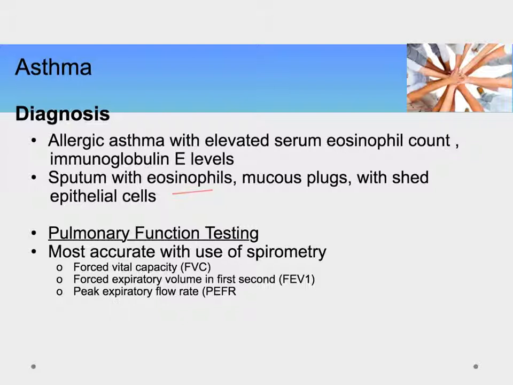The patient blows into a certain little piece of machinery, and it can calculate exactly how much volume they can blow out, and when they take a deep breath in, how much they can pull in. And so it helps us determine the extent of a patient's pulmonary function. And then, like I said, sometimes they'll give them a medicine and see if that makes it better.